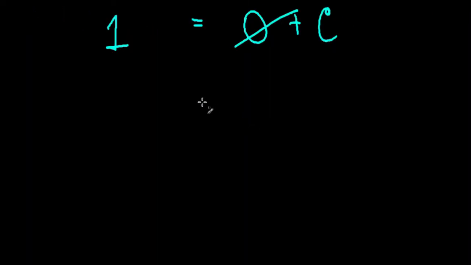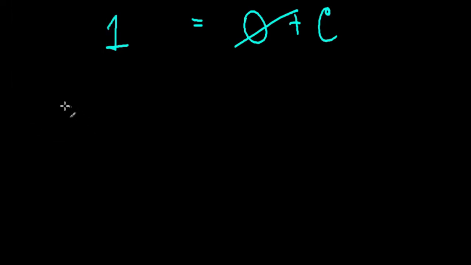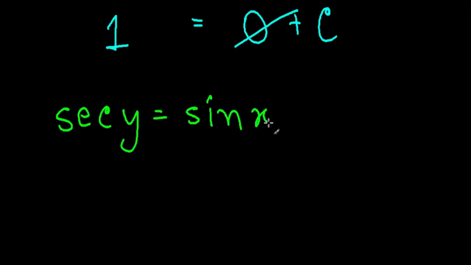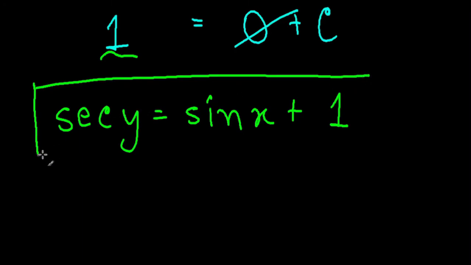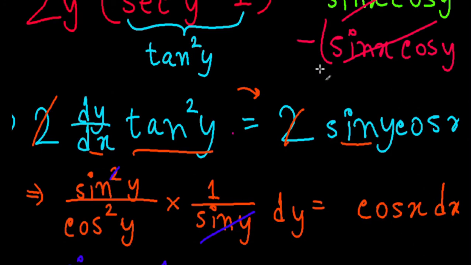So for our final solution, we really deserve a pat on our backs: secant of y is equal to sine of x plus 1, since we know that the constant is 1. So this is my particular solution that also satisfies my initial condition, and this is, at the very least, an implicit form of our solution.